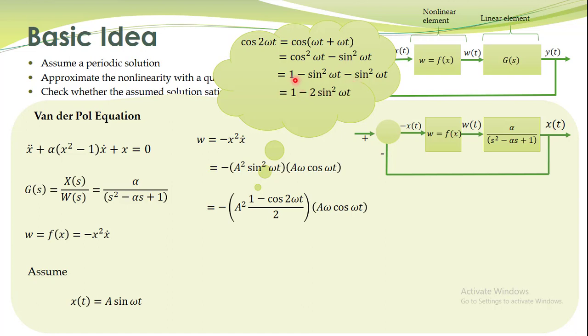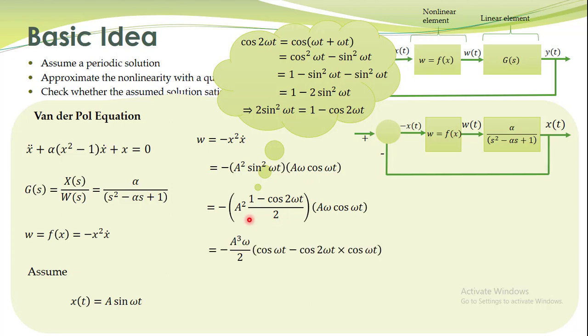Then this is equal to 1 minus 2 sine square omega t, and if we bring this 2 sine square omega t to the left hand side and this cosine 2 omega t to the right hand side, we have this relation, and then sine square omega t is this thing divided by 2, which is written over here.